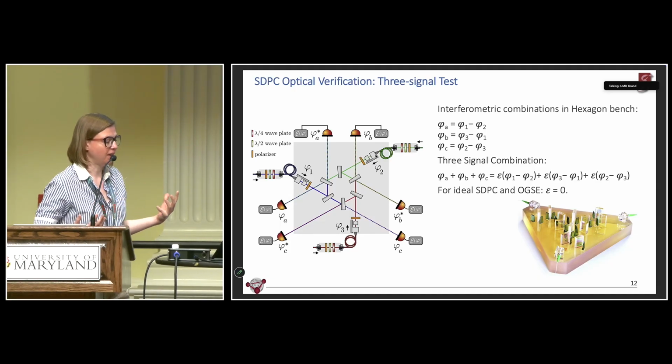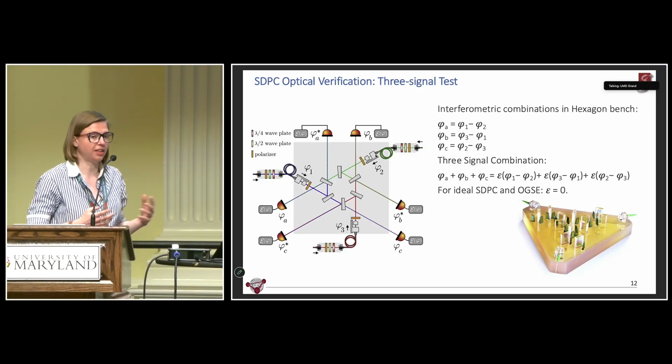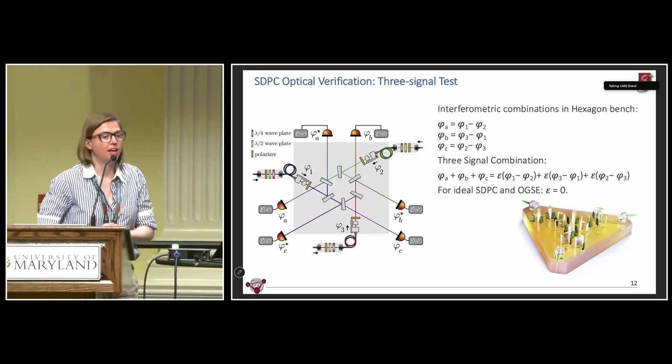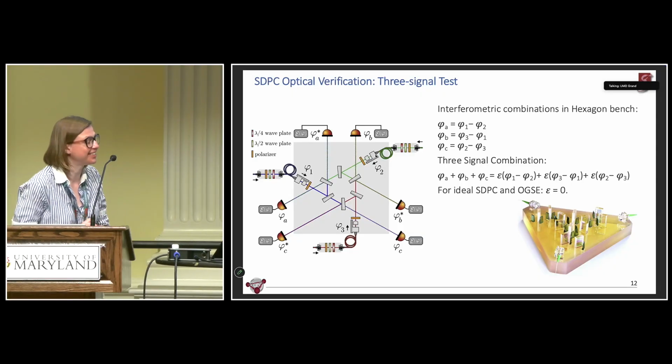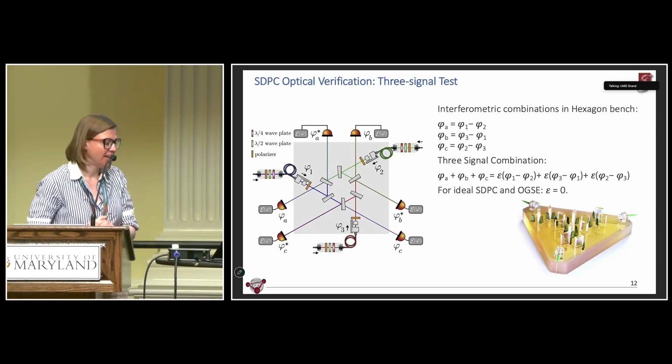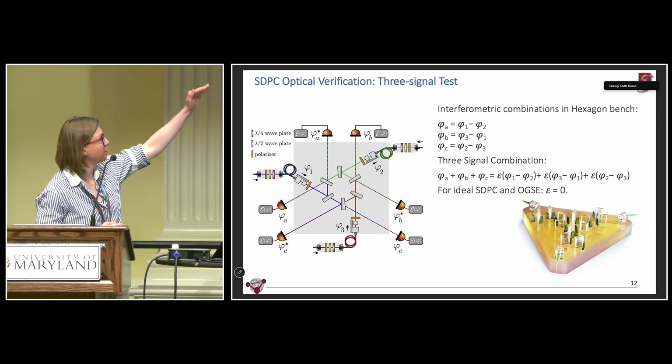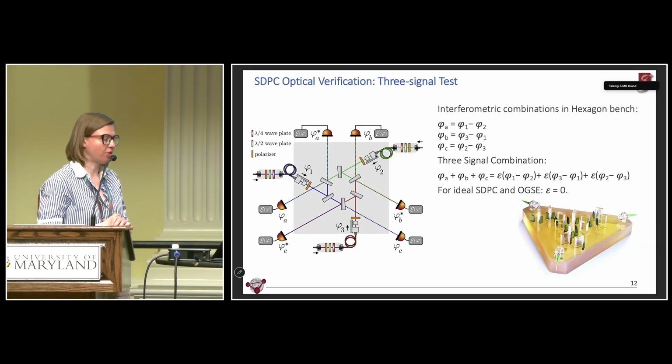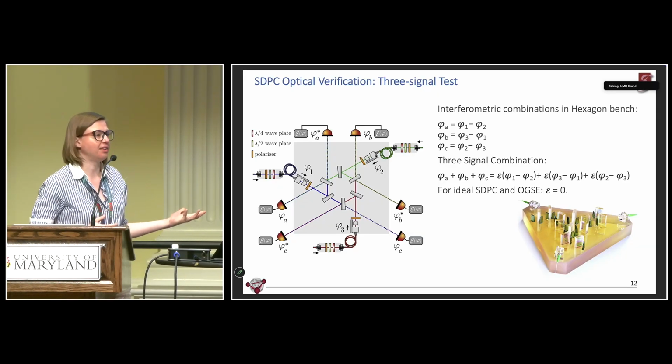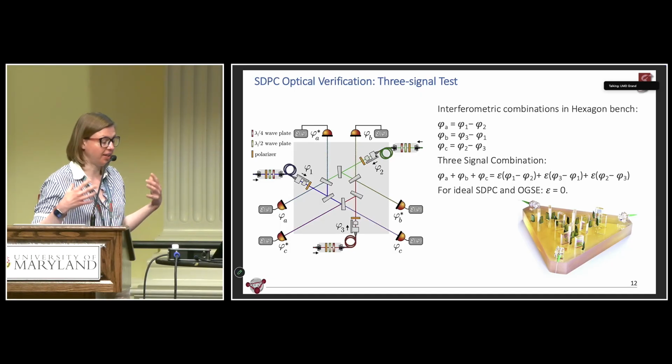Now, if we add the signals from all of those interferometers together, and we lived in an ideal world, we would end up with 0. However, we don't, and this is exactly what we want to measure. The epsilon shown here corresponds to the noise of, on one hand, our test setup and, on the other, the instruments that we want to verify.